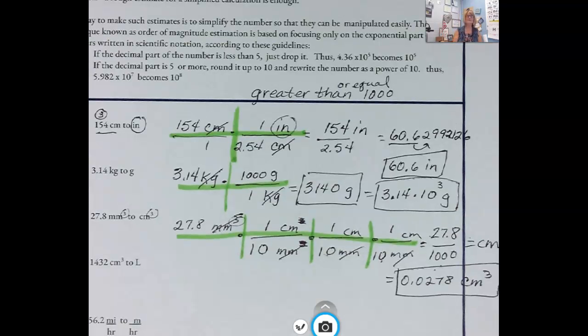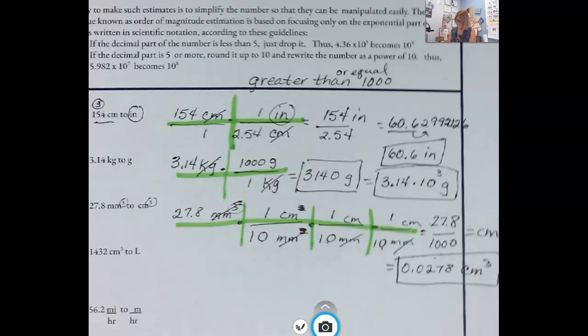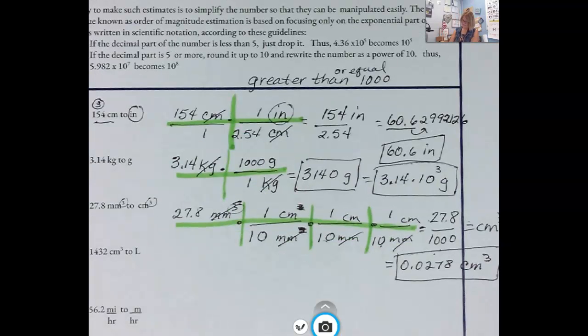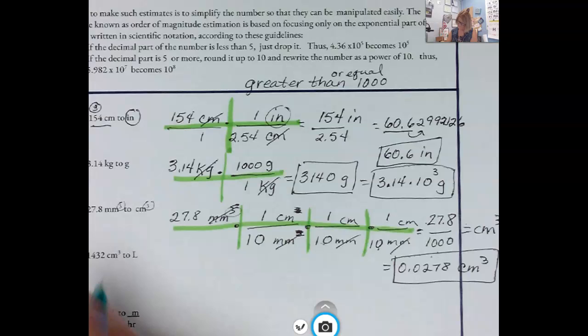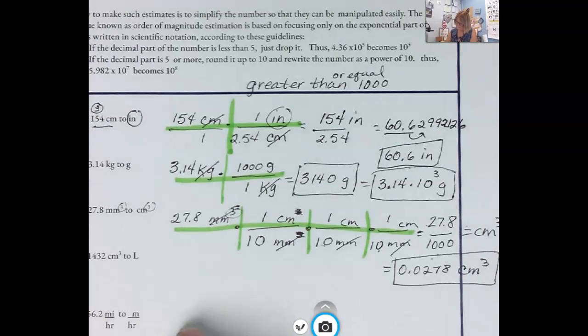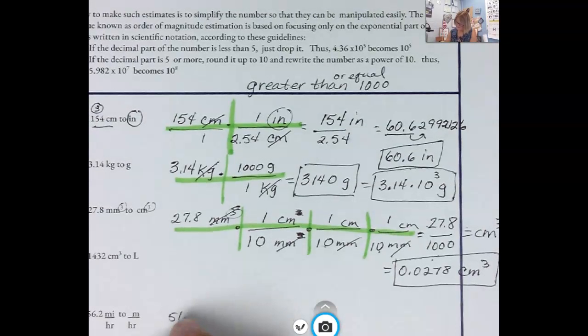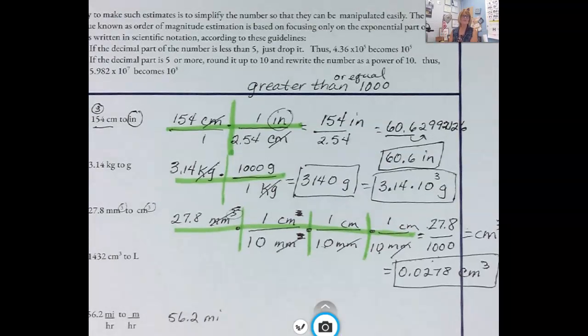I'm running out of room here, so I'm going to jump down to 5 and do that one real quick, just because I leave space, and we can come back in and do this one. So this one, 56.2. Now this has got, and I specifically wrote it this way for you because when you're doing unit conversions, you should not ever use the miles per hour this way.